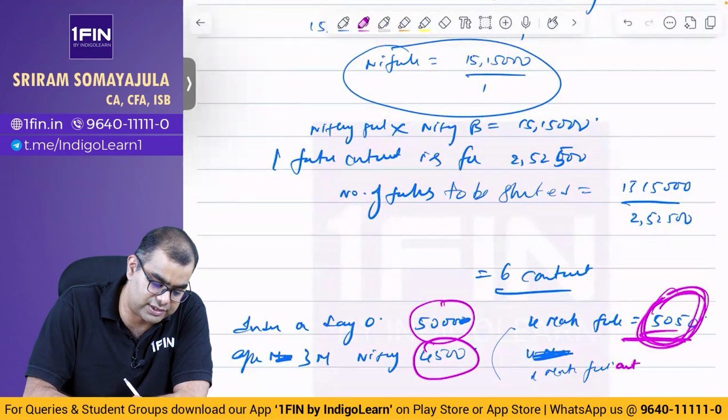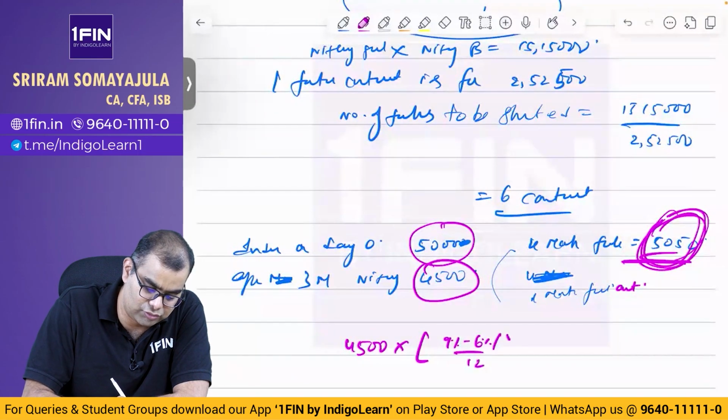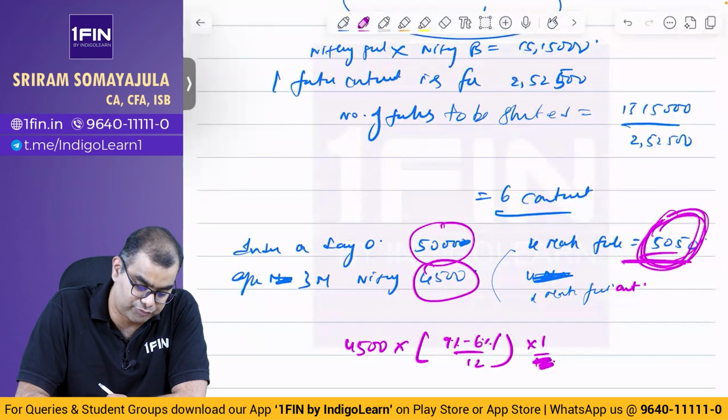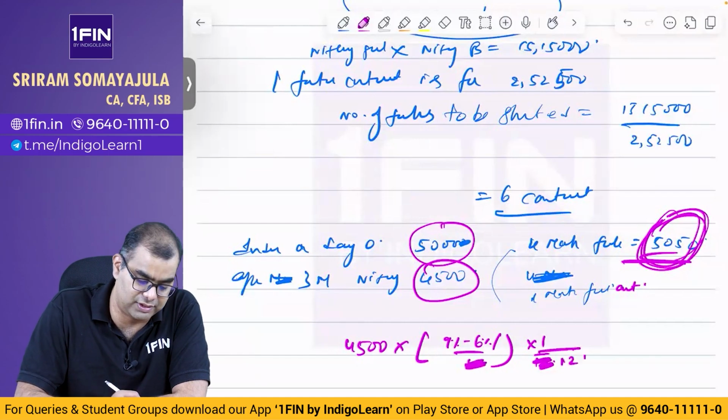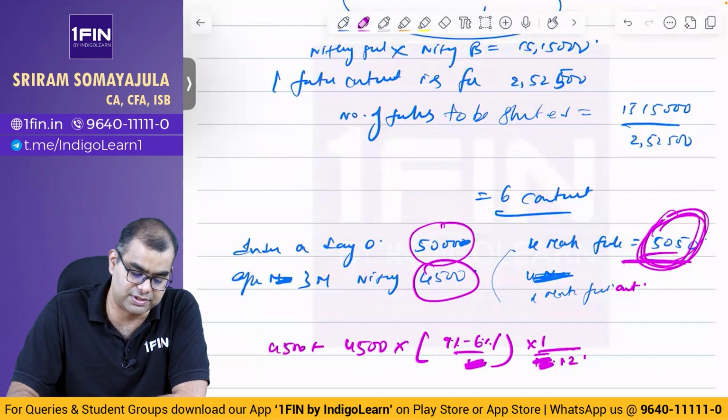1 month future contract is equal to 4,500 plus 4,500 into 9% minus 6% into 1 by 12.